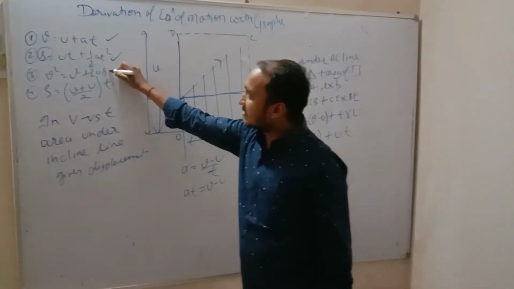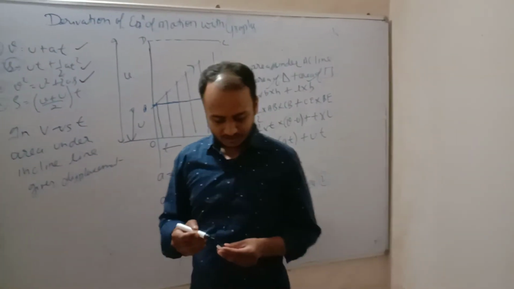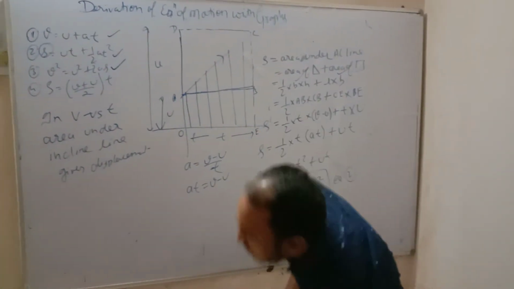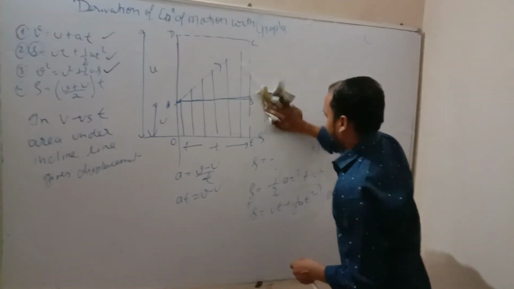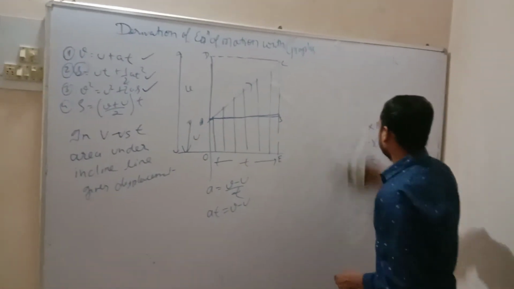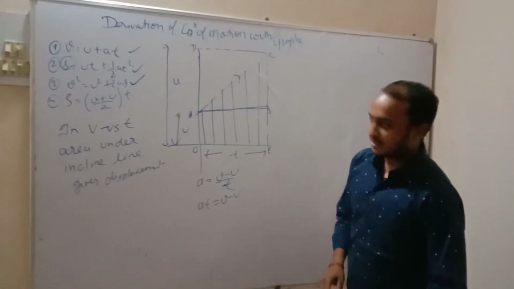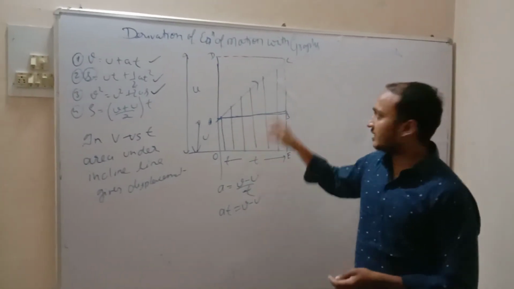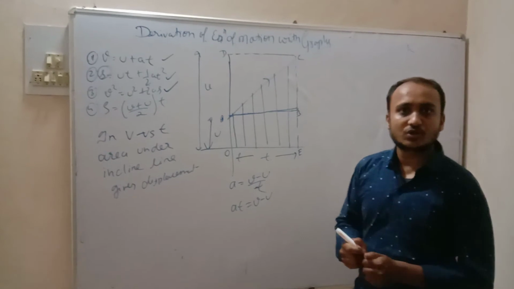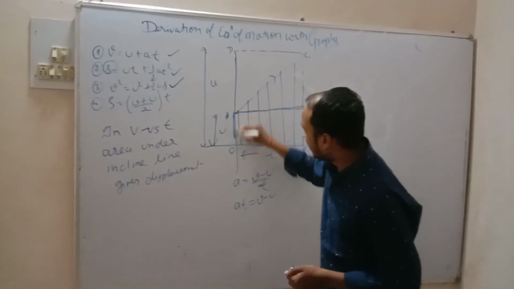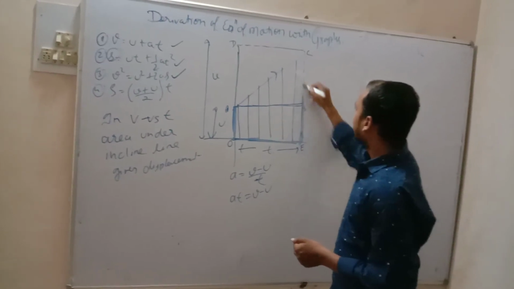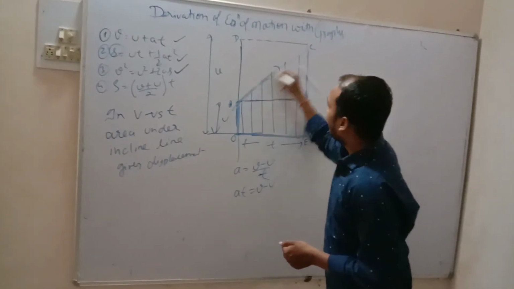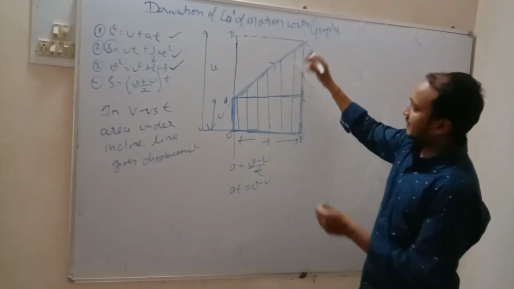Now we see the third equation of motion and its derivation. So friends, this area under the line is also the area of a trapezium. See friends, this is a trapezium.